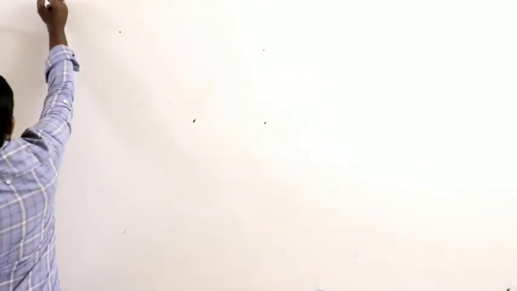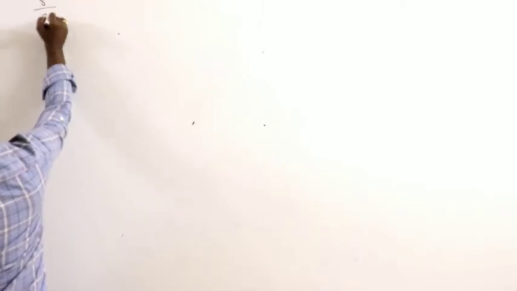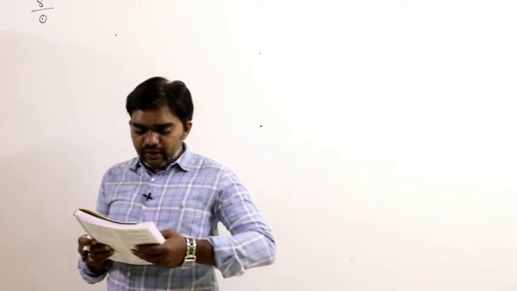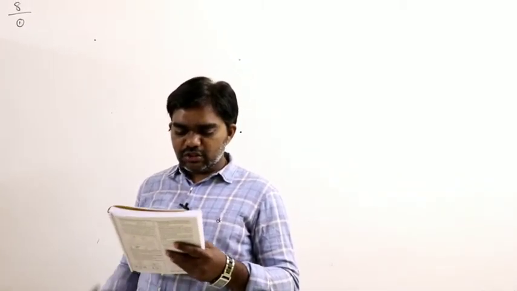So first we can discuss electrostatics. Page number 8, level 3, first question. A ball of mass 0.5 kg is suspended by a thread and a charge Q equals 0.1 microcoulomb is applied.